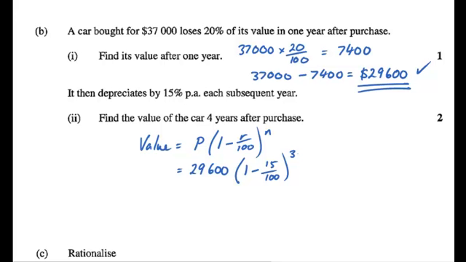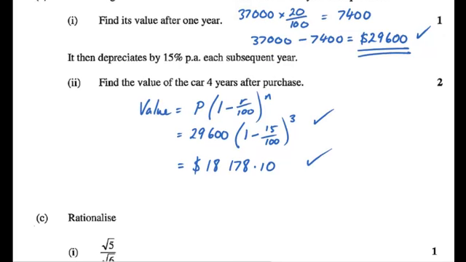That's the mistake people made. Most people wrote 4 instead of 3. So just be really careful and think about that when you're doing it. Your final answer should be 18,178.10. 2 marks, 1 for that, 1 for that.